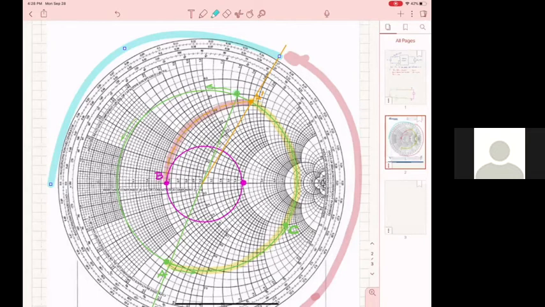Here, for example, if I look for the shortest distance, I could either stop there, at the blue line, or I could go all the way around and stop here. All right? Right. For admittances, this one is open. And this is short.